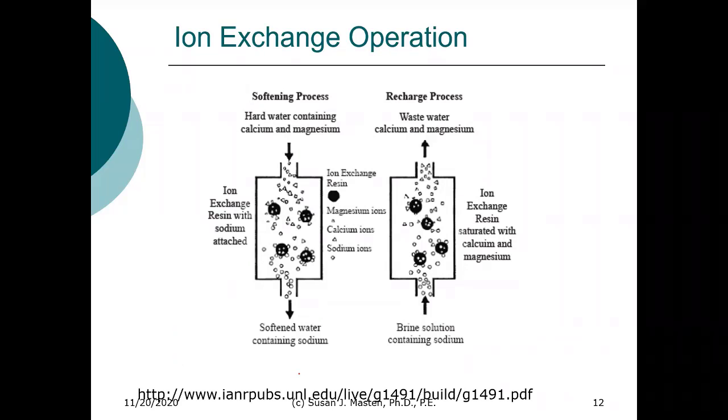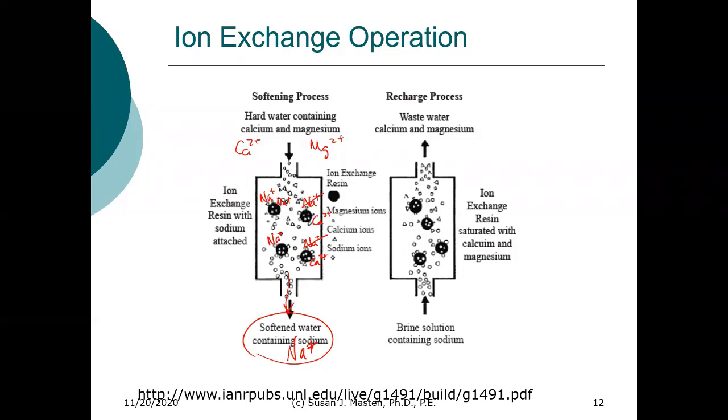This is just a schematic trying to show essentially what I've been talking about. For instance, in a softening process, you start with a water containing calcium and magnesium. You start with a resin in a sodium mode. As we pass the water through, the softened water contains sodium and the resin now contains calcium.